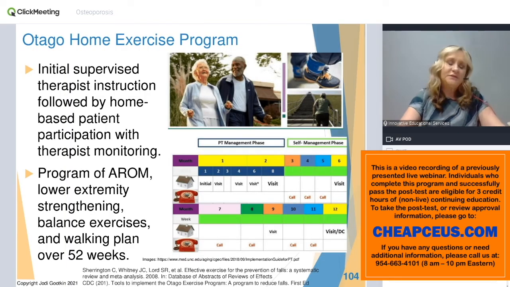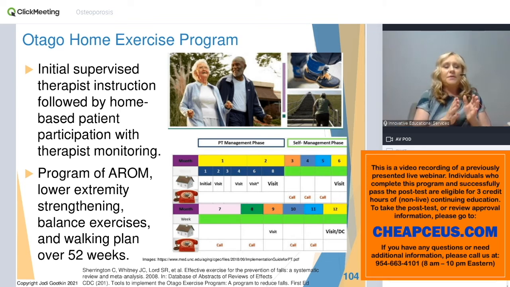There are several specific programs that have been developed that are supervised exercise programs. The Otago program was developed in New Zealand. It has been endorsed by the CDC in 2018, and this is a supervised exercise program initially, where the patient comes in and they're instructed in general lower extremity exercises.